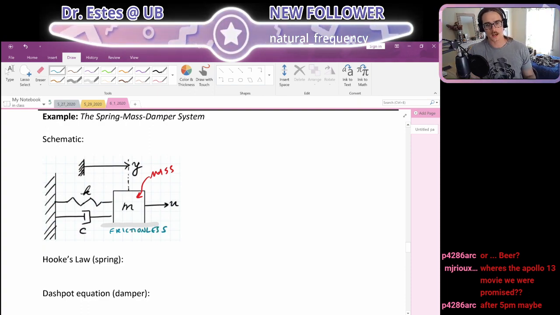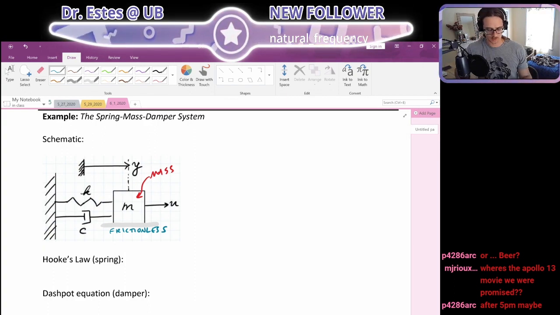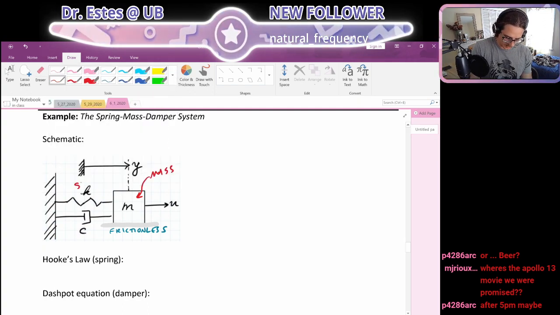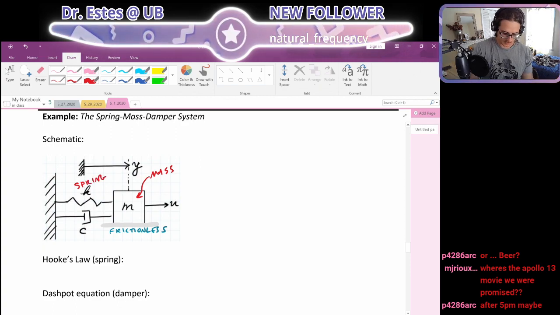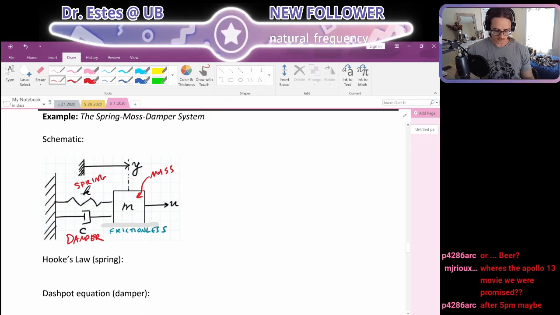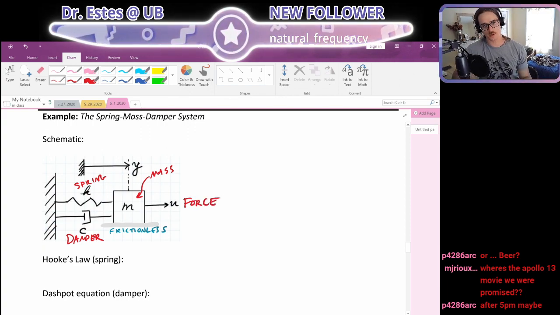So maybe it's just sliding on some ice. And obviously this jaggedy thing is the spring, and this is a damper or dashpot. And then there's different ways to excite the dynamics of this system, but often we'll have a force that's pushing on it or pulling it.